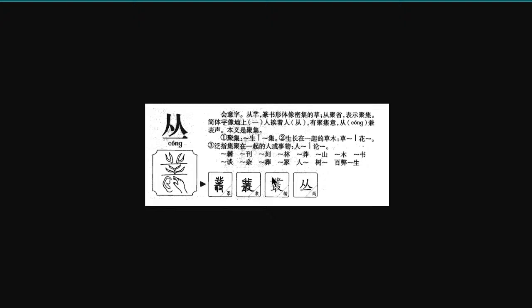This one and the traditional character are very much different because the traditional character is rather complicated to write. And so the traditional character, basically there's a bunch of grasses over here, and the bottom is a character called 取. 取 means taking it or gathering it. Okay. So this is 从.